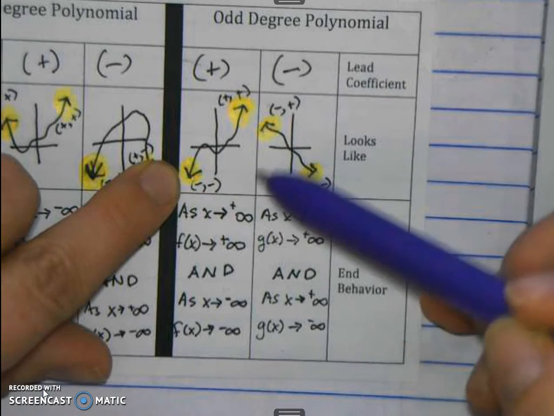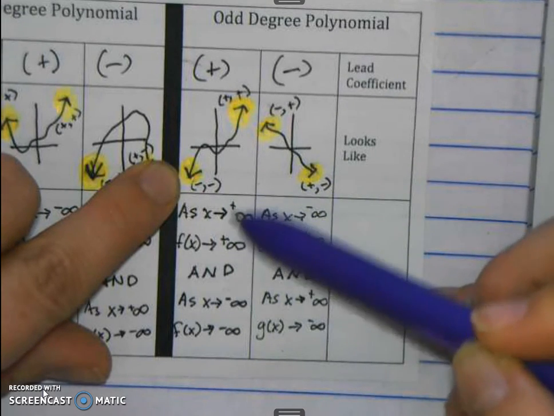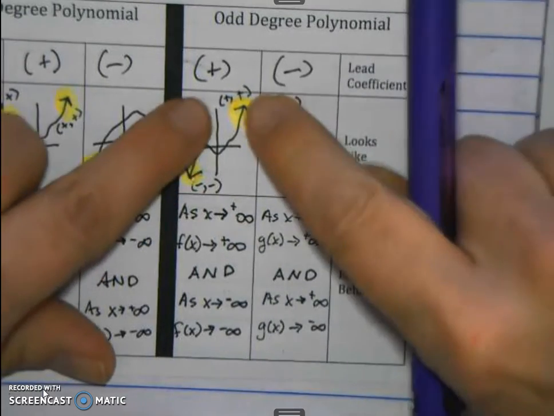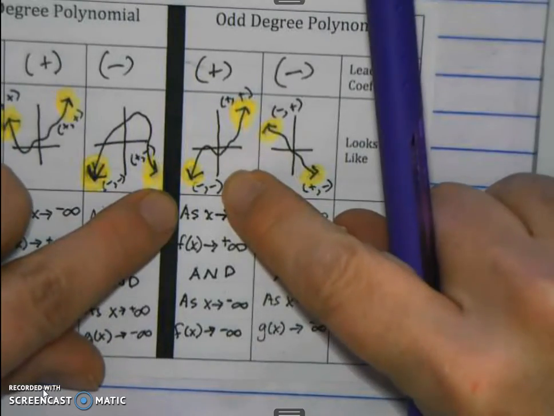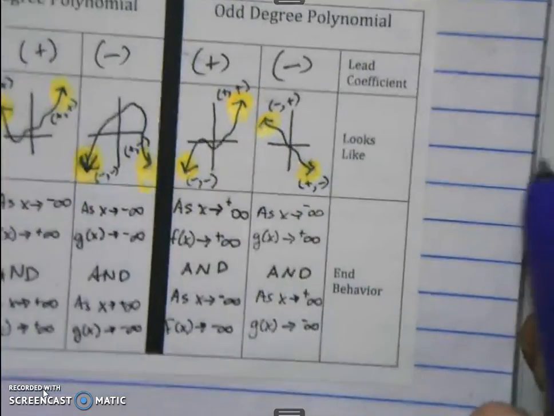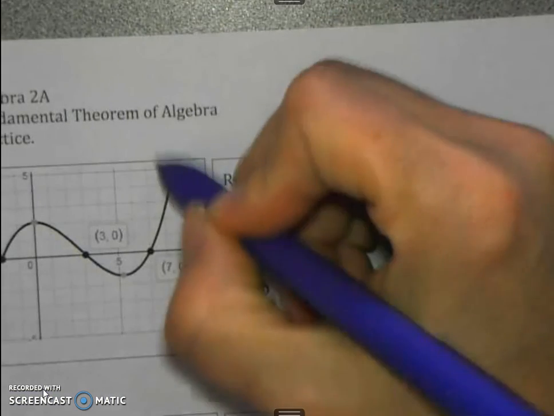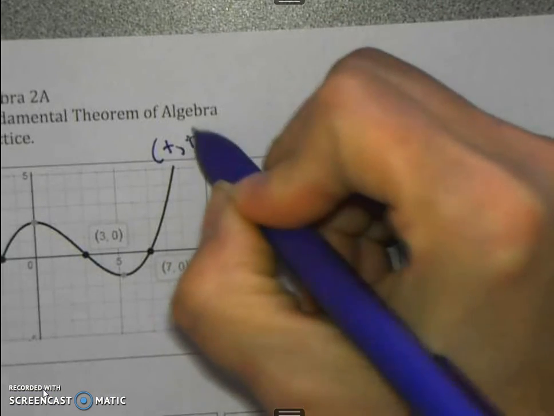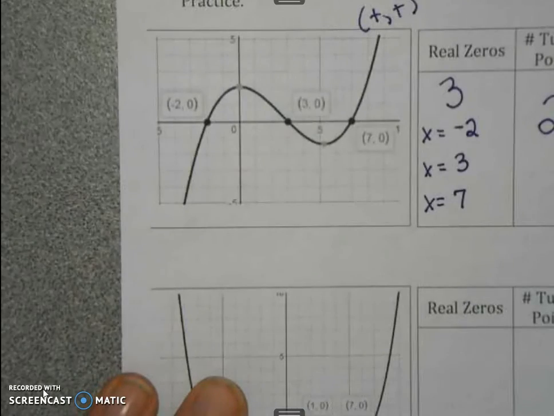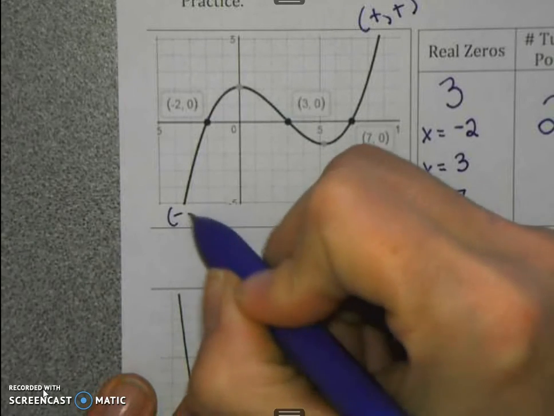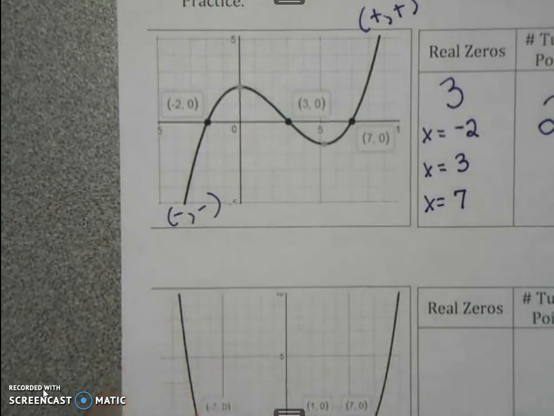The only thing that will ever change are these two signs based on where your end is. Okay? And you'll notice this one here is the positive, and this one here is the negative. You don't have to write them in if you don't want to, but if it helps you understand it, go for it.